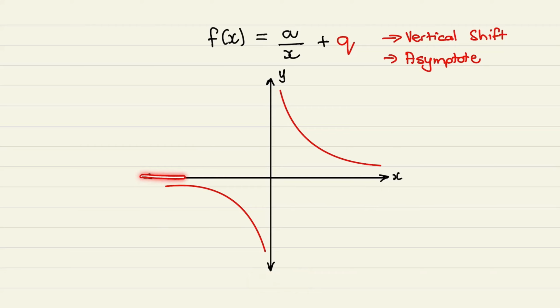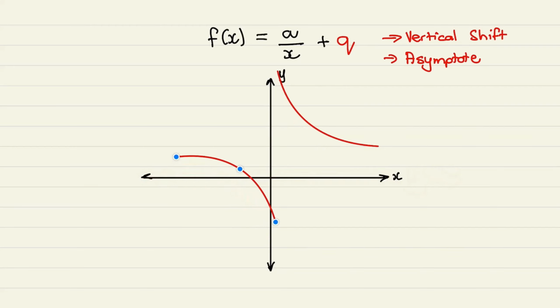And our second asymptote is the x-axis, because if I go to the right, the graph will never touch or intersect with the x-axis. And if I go to the left, the same is true. And the equation of the x-axis is y = 0. Let's say I shift the graph up, for example, by 1 unit.